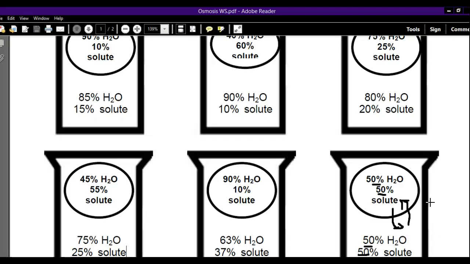When we talk about net movement, that means that, like, 20 molecules of water moved out, one molecule of water moved in. There's a net movement of 19 molecules that moved out. And this is an isotonic solution. And I actually don't like this example because it could be misleading, so I'm going to find another one.